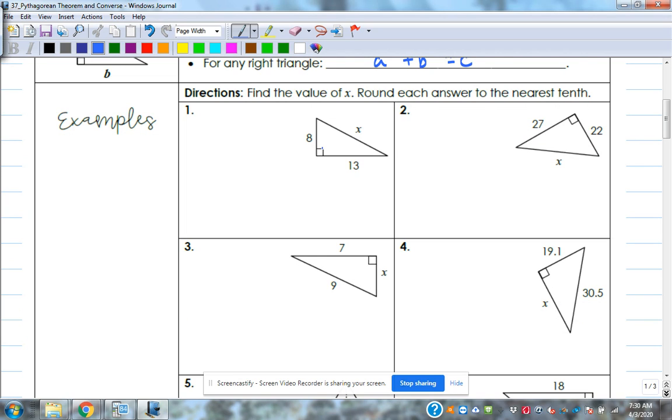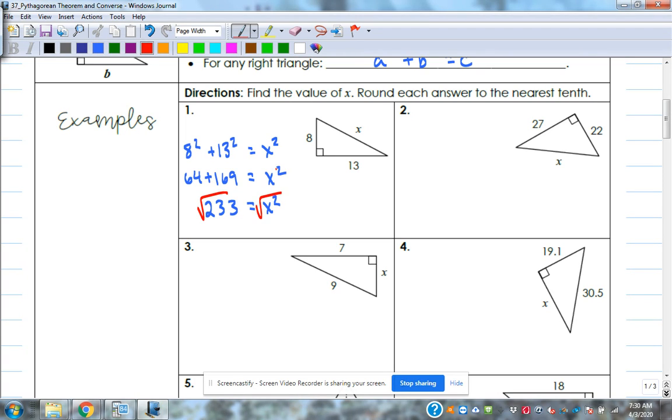Number one, we've got the two legs, and X is in the hypotenuse space. Remember, the hypotenuse is always the longest side and across from the 90-degree angle. So we're going to set up 8 squared plus 13 squared is equal to X squared. 8 squared is 64. 13 squared is 169. 64 plus 169 is 233, and then we take the square root of both sides.